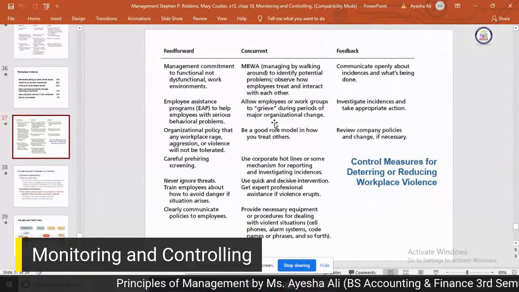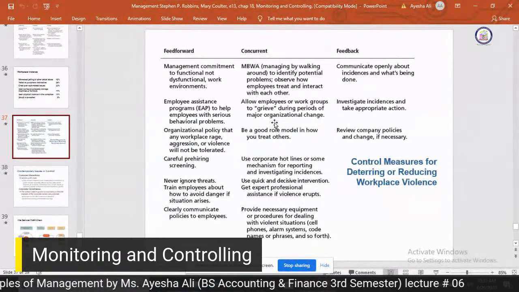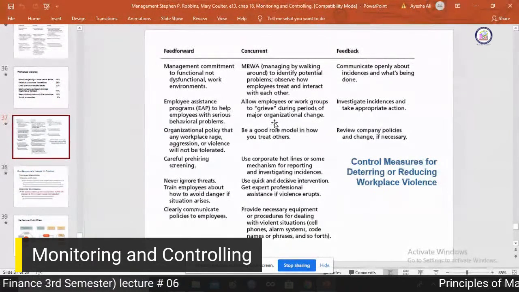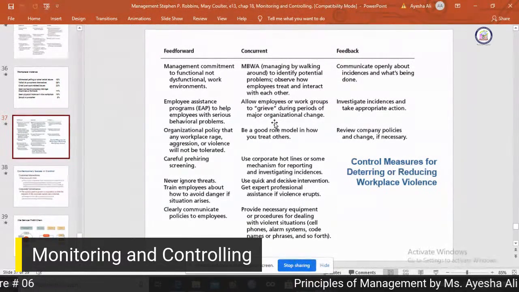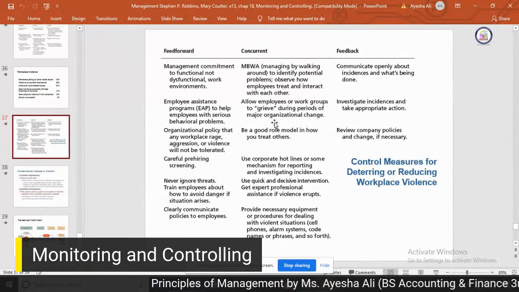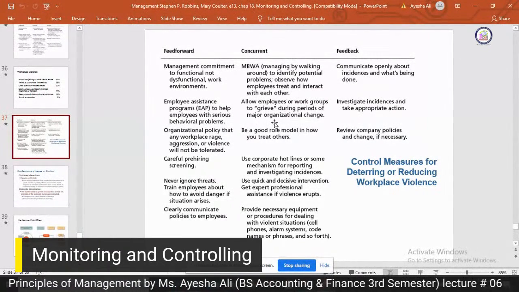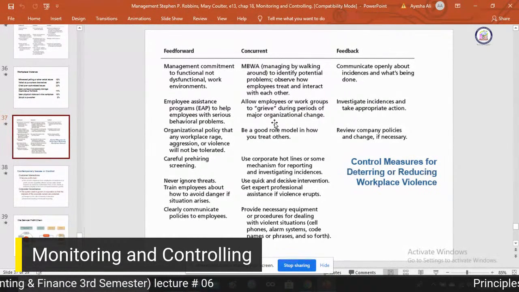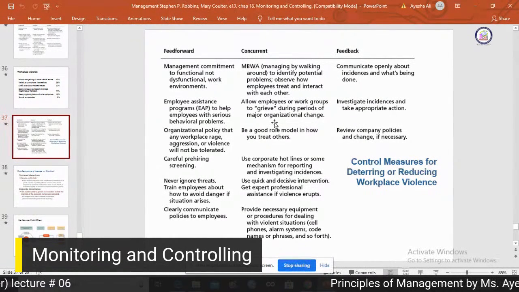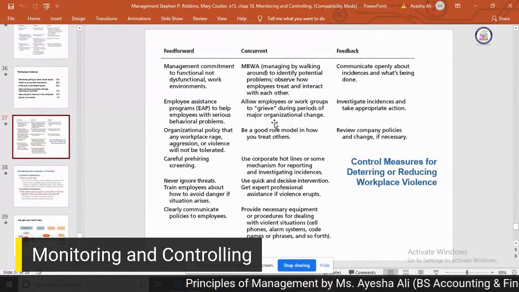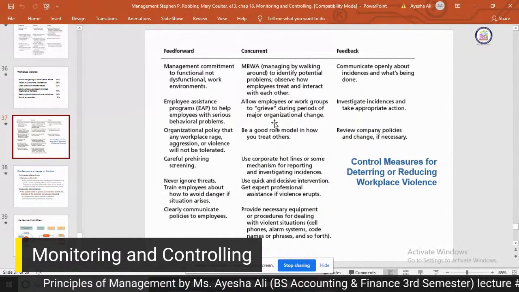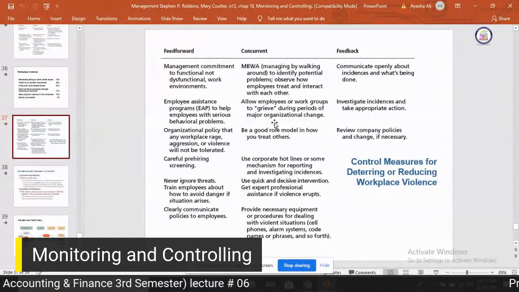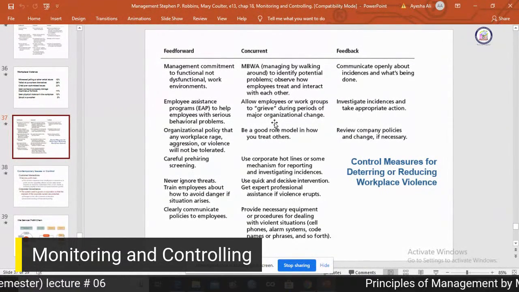Of course, we can be careful, and we don't have to ignore the threats and the potential danger which we are seeing, and we clearly communicate the policies of the organization to employees, and we can take the assistance of professionals to solve organizational violence.